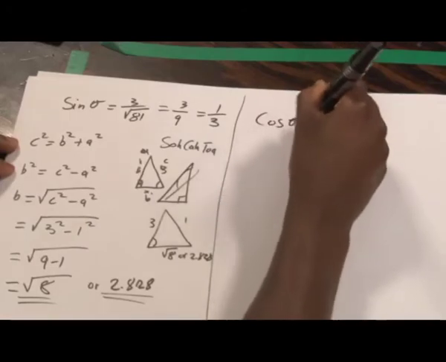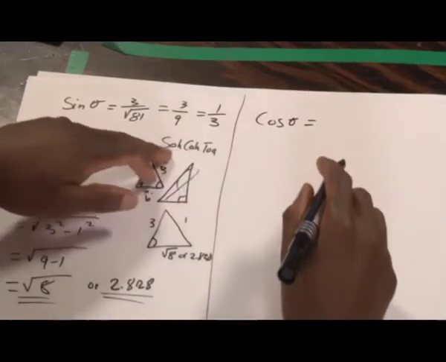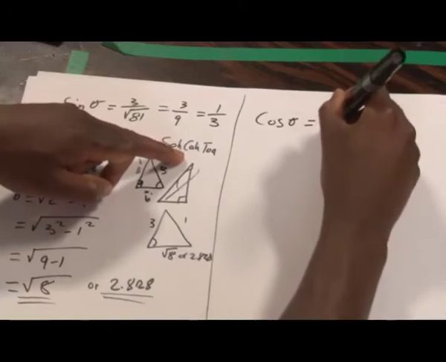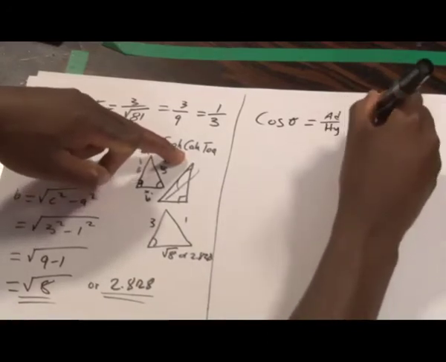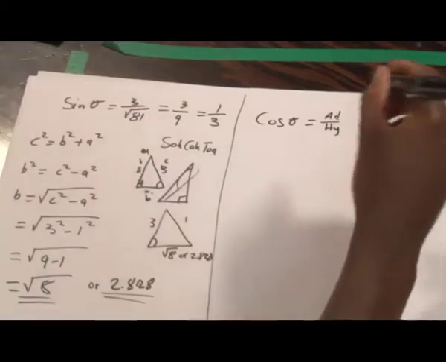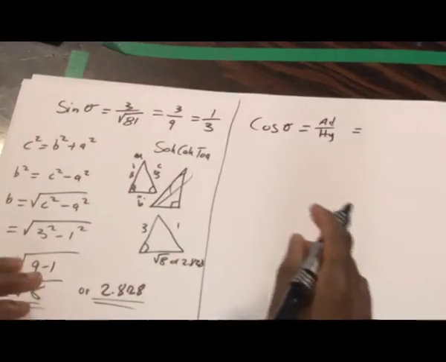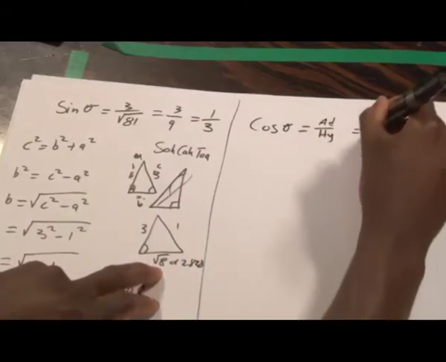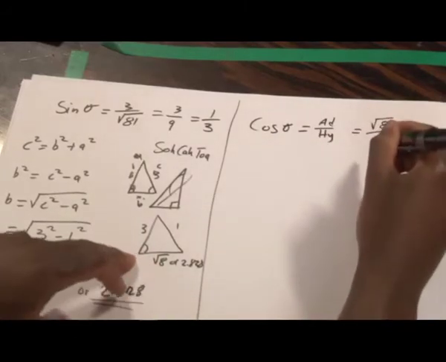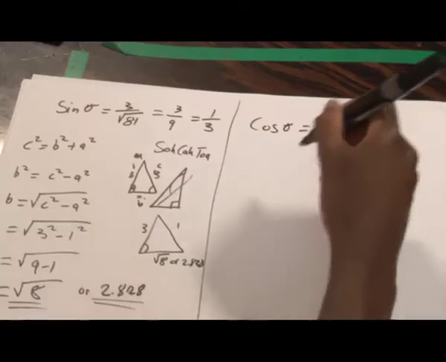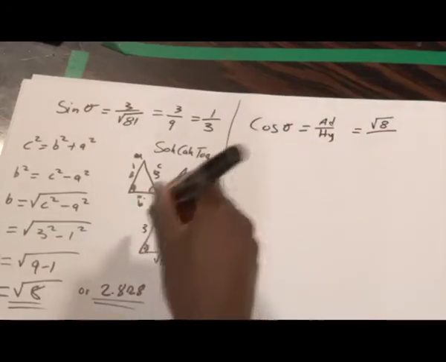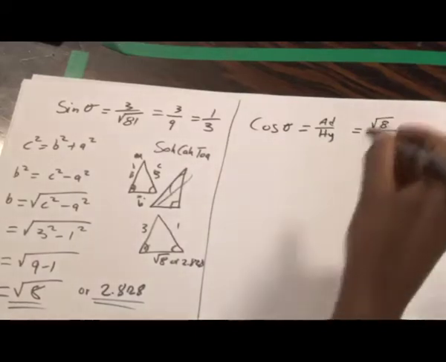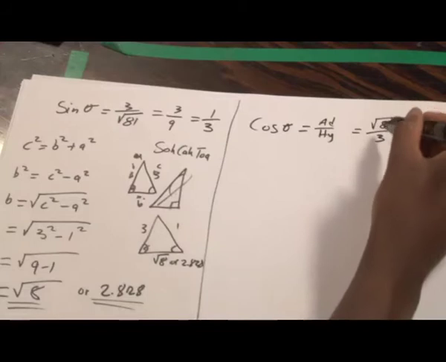Cosine theta is adjacent over hypotenuse. What is our adjacent here? Our adjacent is the square root of 8, which is this one. So we have square root of 8 over what's hypotenuse, 3. Square root of 8 over 3. That's how we got it there.